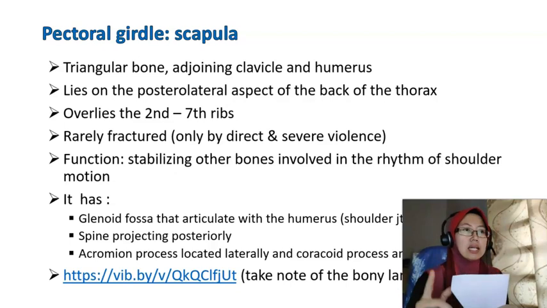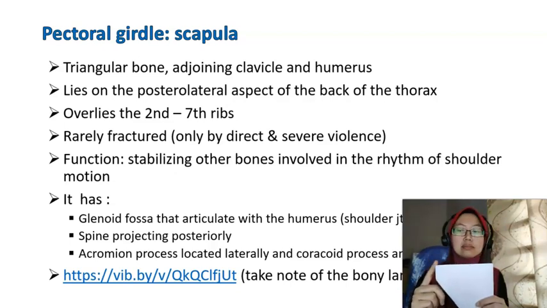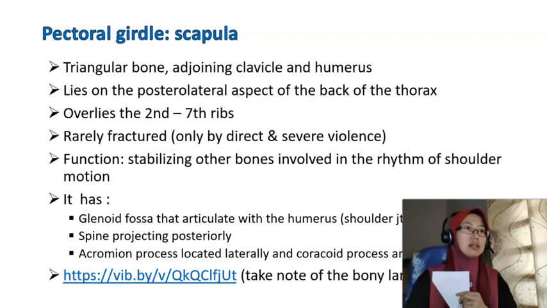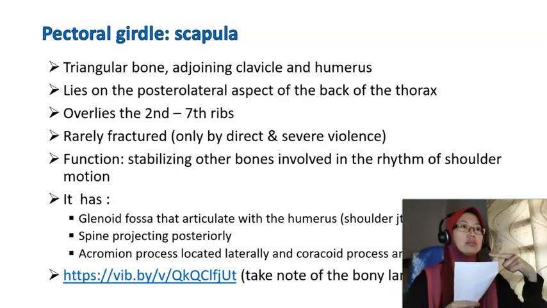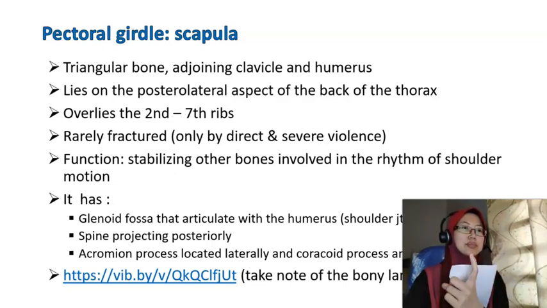And it has the glenoid process, which articulates with the humerus, the head of humerus, and it has a spine that projects posteriorly, and the acromion process located laterally. The spine and acromion project laterally, and the coracoid process anteriorly.